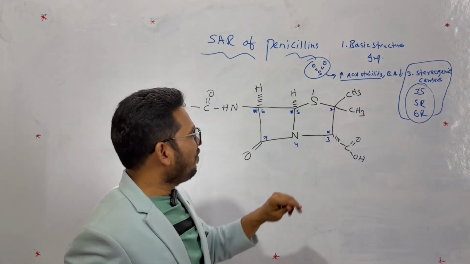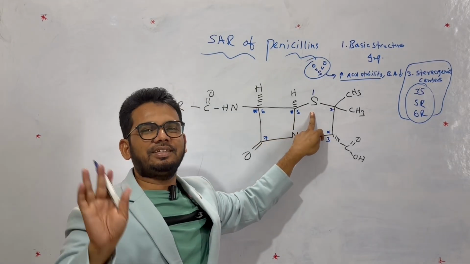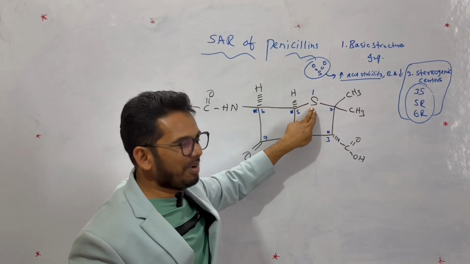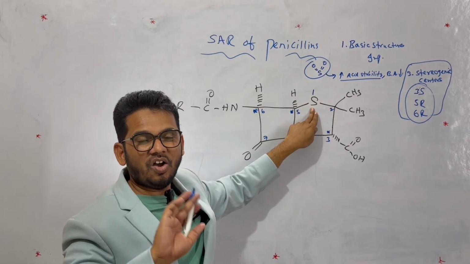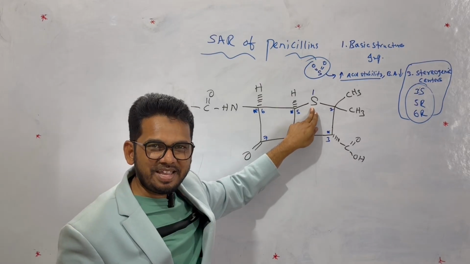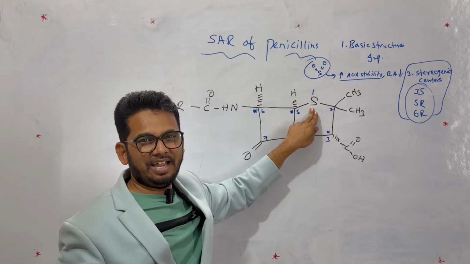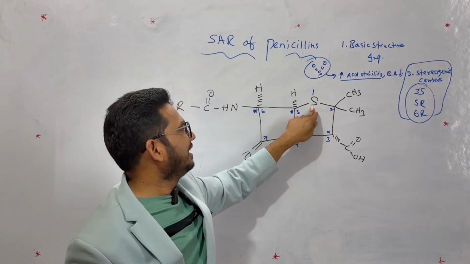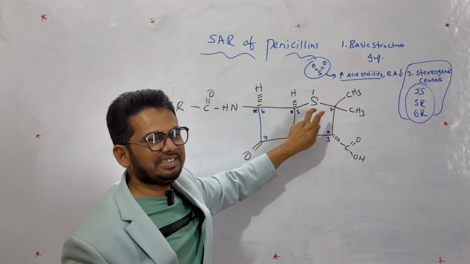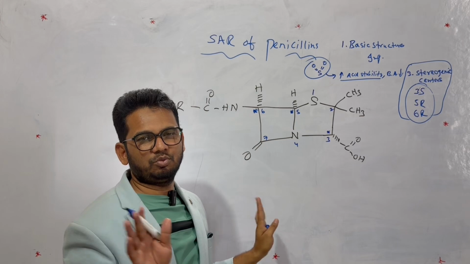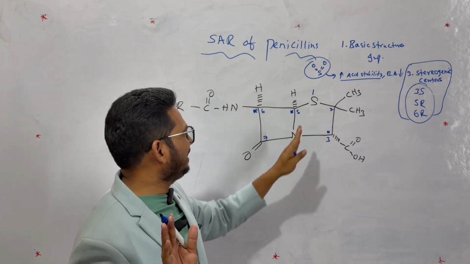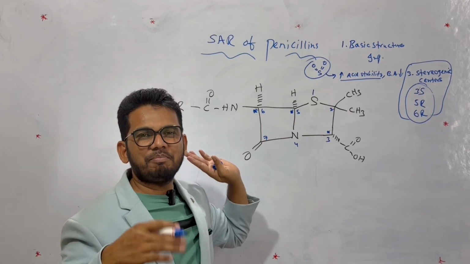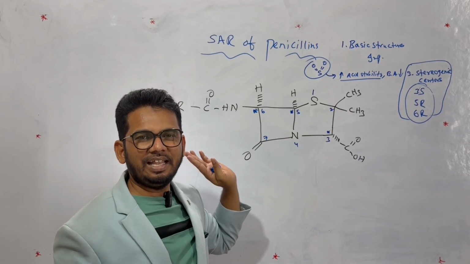That's why, for any penicillin structure you can take, even though it is acid stable, we are not oxidizing. Why? Because the antibacterial activity is going to decrease. That's why we leave it as it is in the form of sulfur, with no oxidation. Sulfur, present in the form of sulfur only, produces the maximum antibacterial activity.